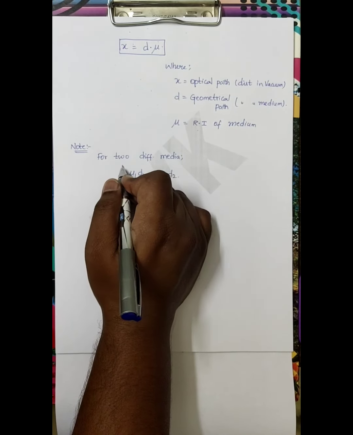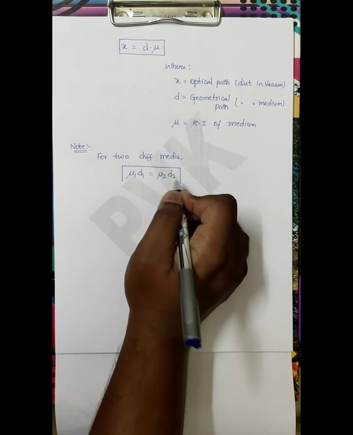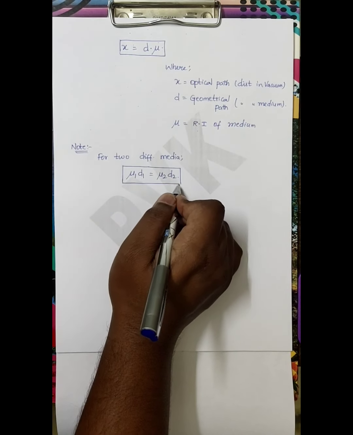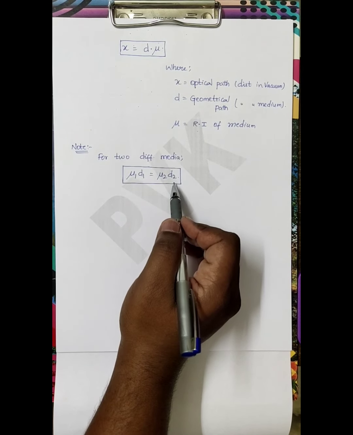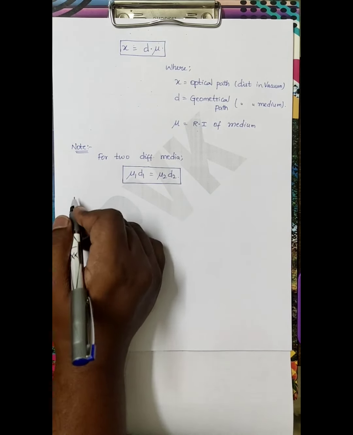Since the time taken will be the same in the vacuum, the optical path is the same for both the cases, therefore mu1 d1 will be equal to mu2 d2.